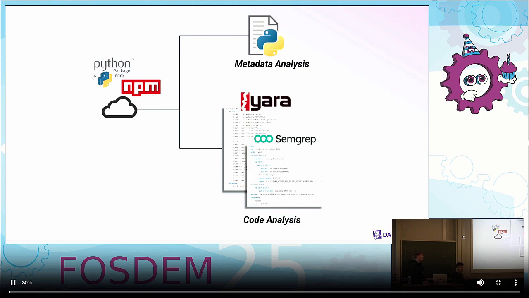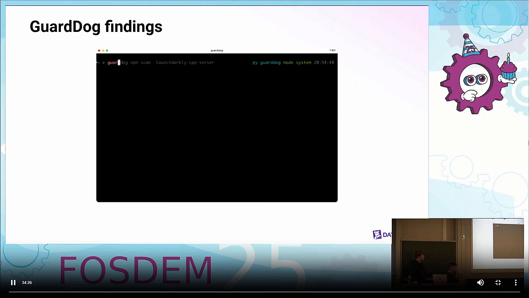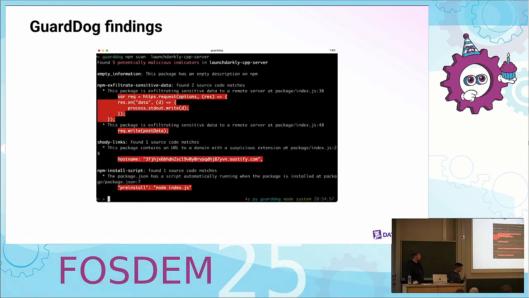This is another tool that does semantic analysis, and it's very good at detecting behavioral patterns in the code. It shines really well with the detection of, for example, execution of base64 payloads. So in this sample execution of GuardDog, you can see the rules that were detected in a real package in NPM.